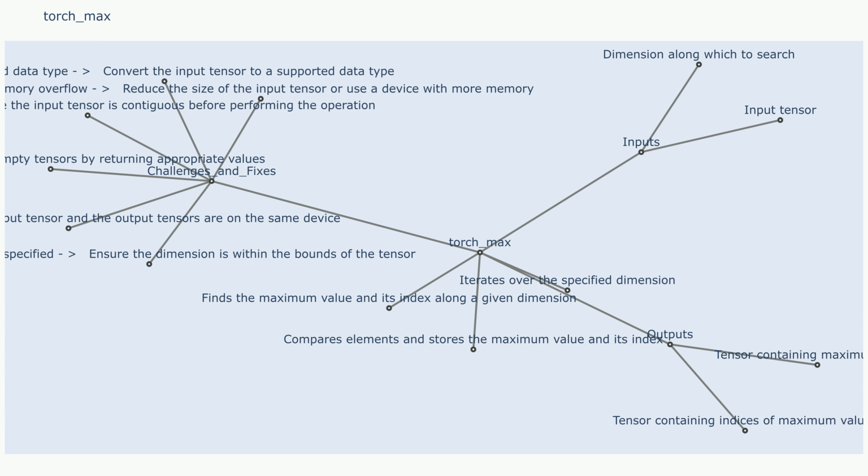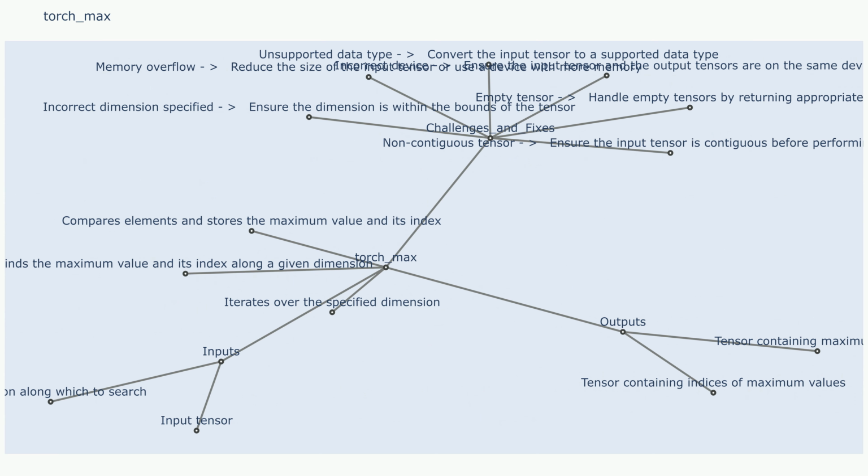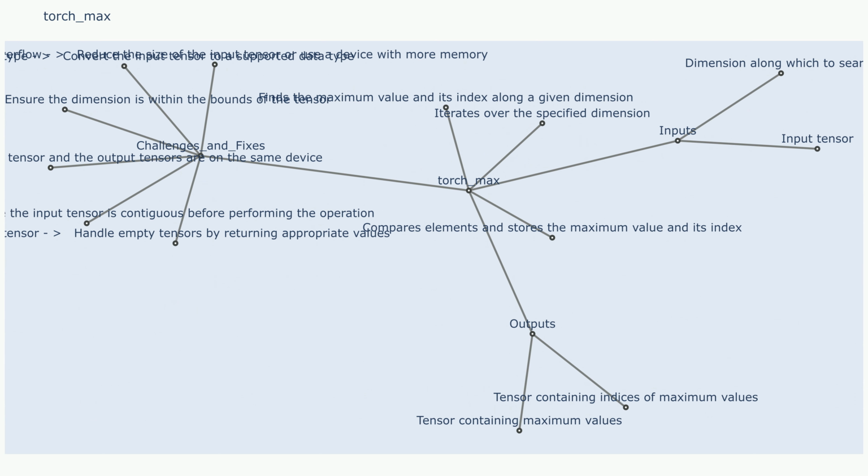Steps. Step 1: the function iterates through the specified dimension in the input tensor. Step 2: for each element in the dimension, it compares the value with the current maximum value. If the element is greater, it updates the maximum value and its index.